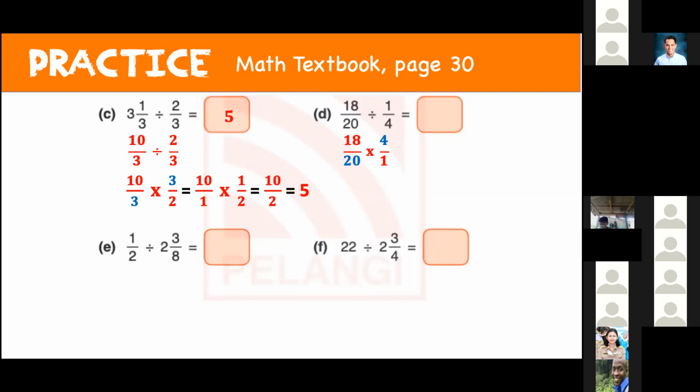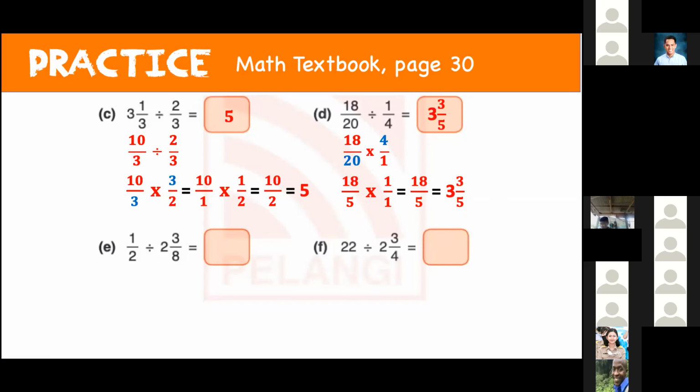So instead of writing 18 over 20 times 4 over 1, you will now have 18 over 5 times 1 over 1. 18 divided by 5 is equal to 3 and 3/5. Okay, that is the answer, letter D.